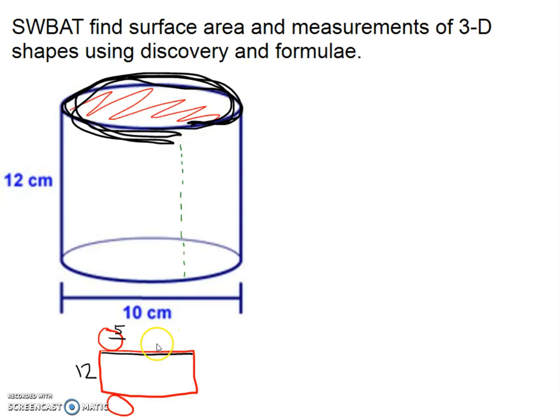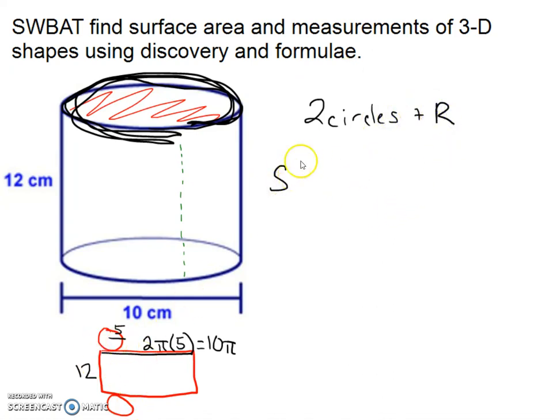So the width of this rectangle is 2 times pi times the radius of the circle, which is 5. I'm going to simplify that right now to 10 pi, although you could leave it like that if you wanted. So what we have here is 2 circles plus 1 rectangle, and now we're going to be able to get started.